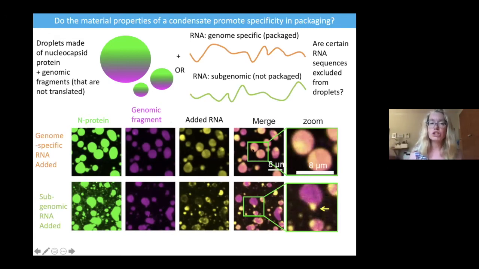And what you can see is that the RNA that would normally be packaged is quite well mixed in these droplets, whereas non-specific or subgenomic RNA is actually excluded from the droplets. And you can see this really nicely, that they are essentially not able to mix well, suggesting that there is a role potentially for the condensate in selectivity of which RNAs are being packaged.